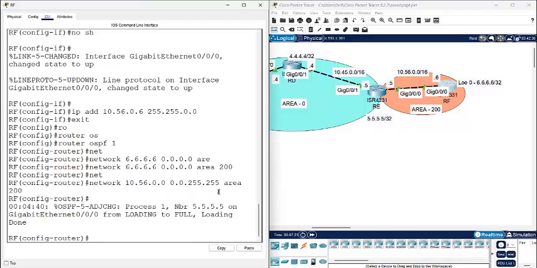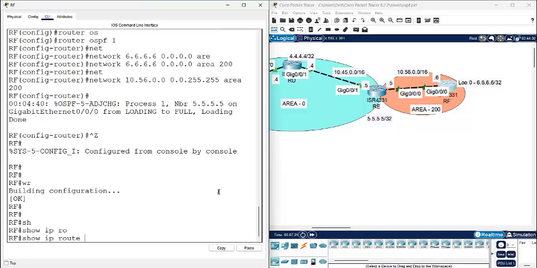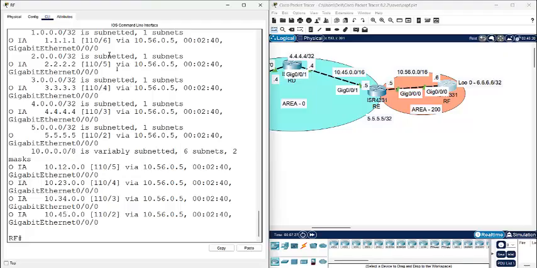Okay, now we got the neighbor. On RF router, I should see the route. Show ip route ospf. I see all the routes. O means OSPF. IA means inter area, meaning wherever you see IA, they are coming from other areas. See, for example, 5.5.5.5 is not having IA. Why?